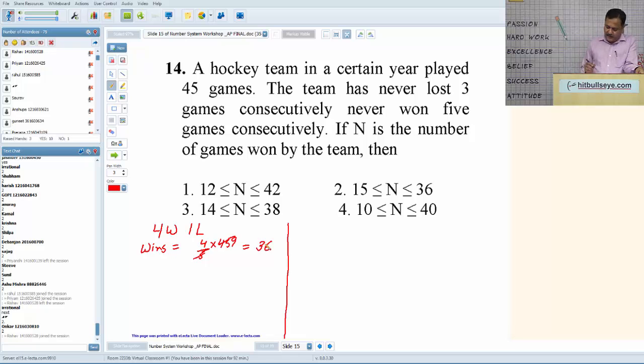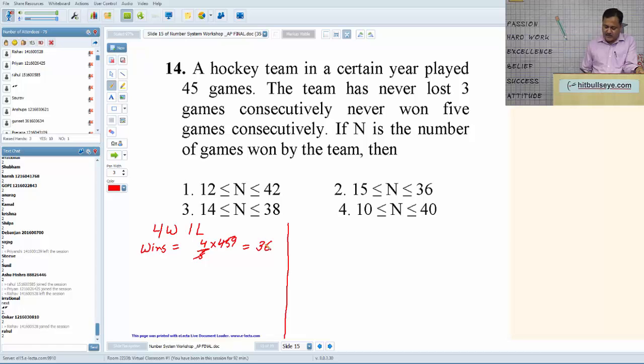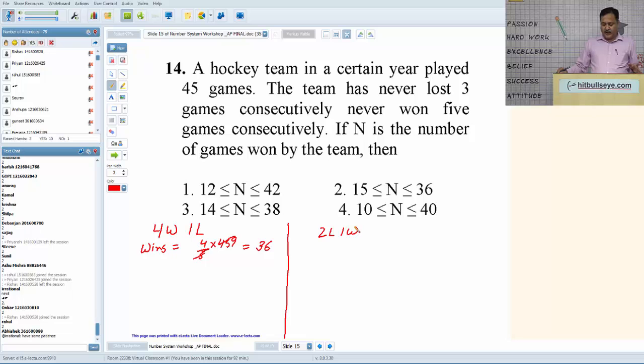And if he loses consecutively, for the worst scenario for value of n, he can lose 2 games consecutively and 1 win. That means out of 3 games, he can lose 2 and 1 win.